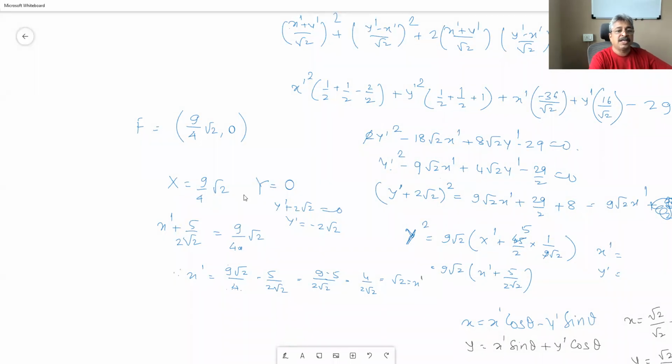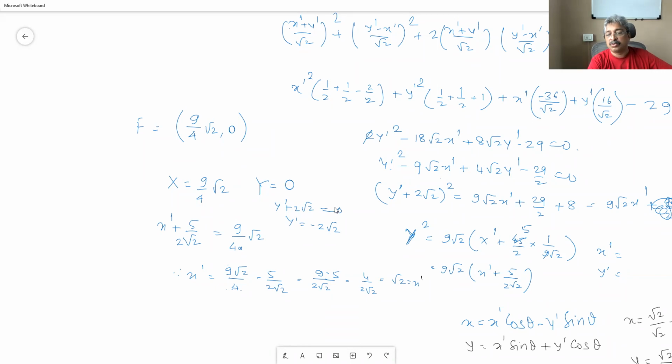So focus is 9 upon 4 root 2 comma 4 after rotation and translation. So this is capital X is equal to 9 upon 4 root 2, capital Y is equal to 0, but capital X is x dash plus 5 upon 2 root 2, which is 9 upon 4 root 2. Therefore x dash is equal to, after simplification you get root 2, and capital Y is 0.